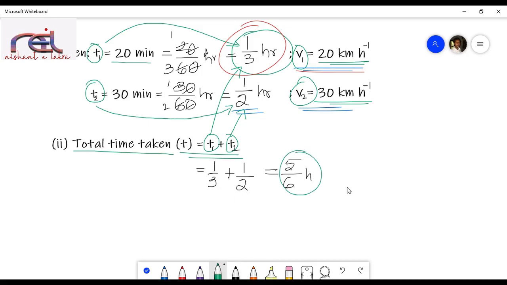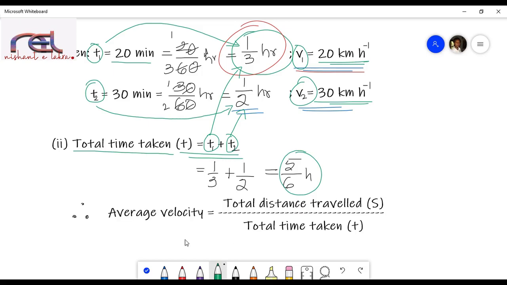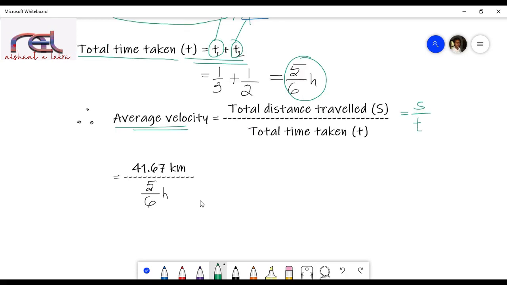And so therefore, average velocity, you know the formula very well, is total distance by total time taken. Now we'll replace the values here to find the average velocity.